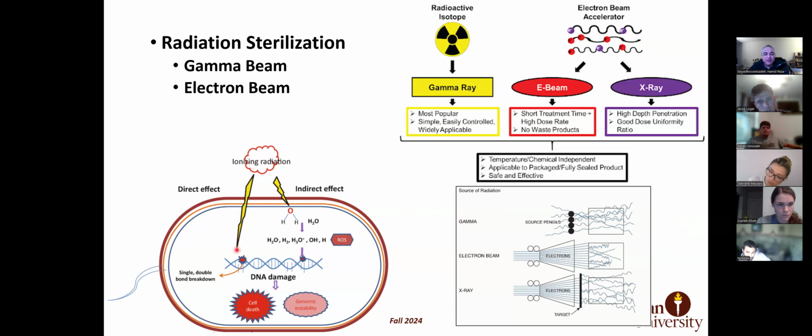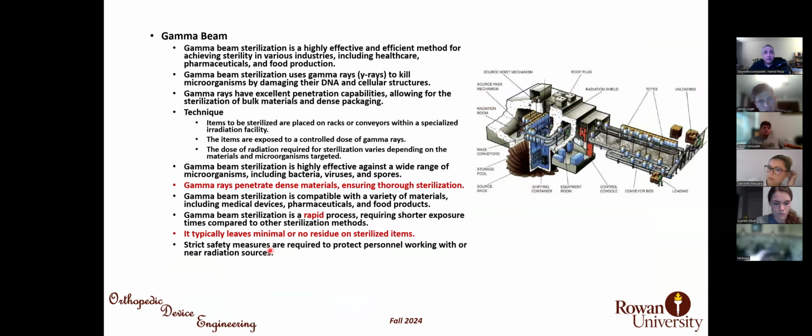These radiations can create different radicals in the cell, in the bacteria and viruses, and by these radicals, they can damage the nucleic acid or DNA, or they can directly damage the nucleic acid and kill the cells. Gamma radiation is like a reactor, so it cannot be present in the hospital.